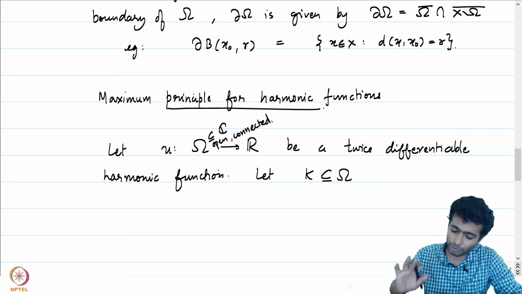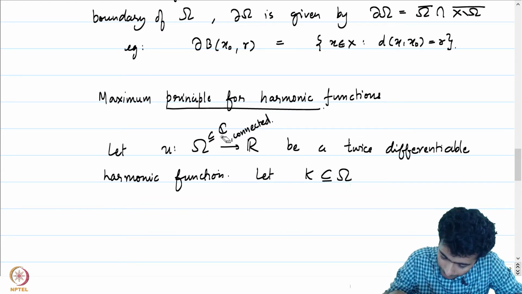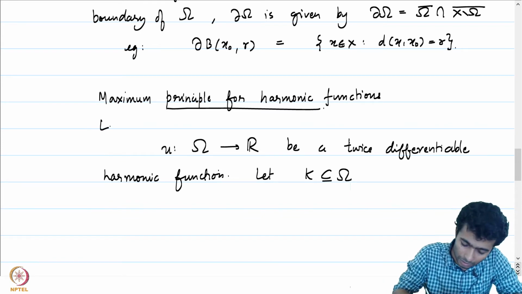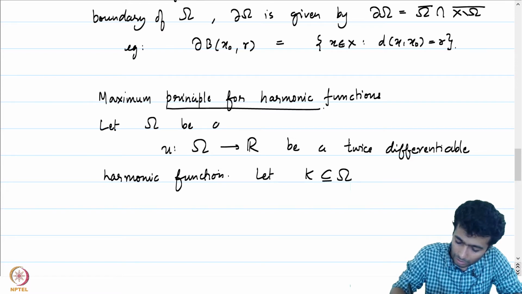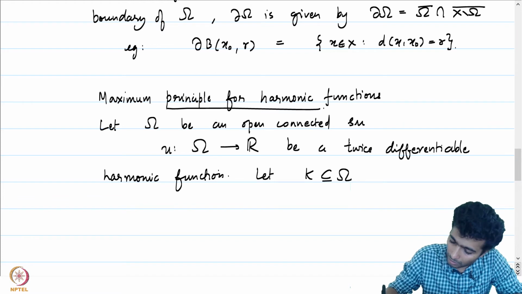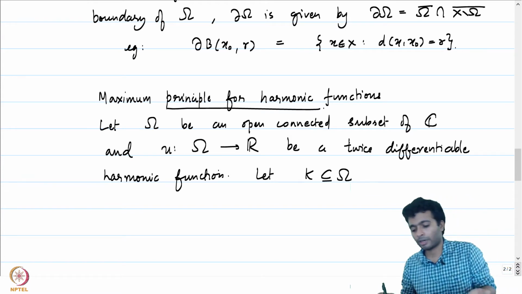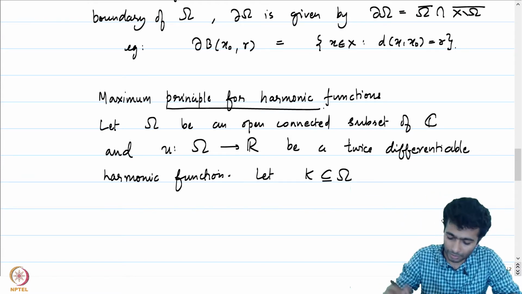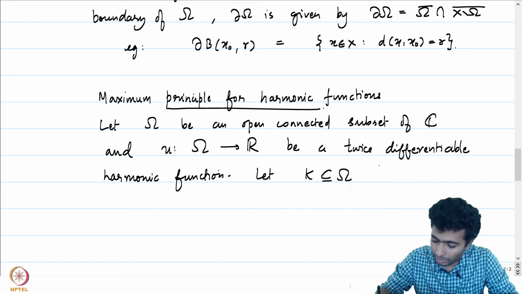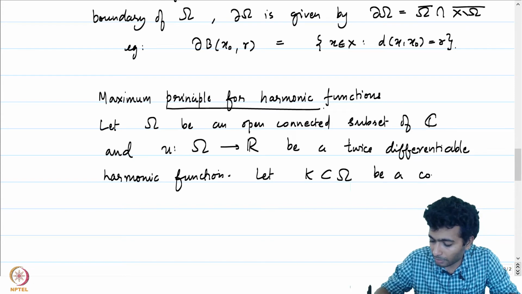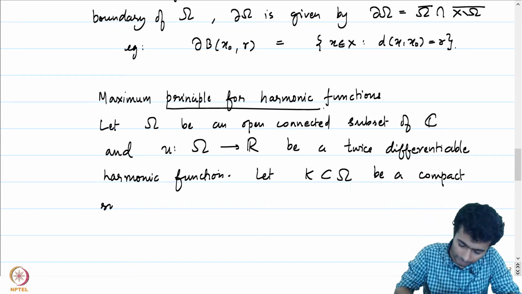So let me write it down. Let omega be an open connected subset of C and small u from omega to R be a twice differentiable harmonic function. Let K contained in omega be a compact subset of omega.